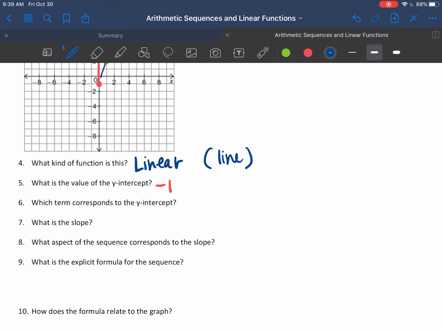And so I'm going to copy that sequence down over here. We had 2, 5, 8, 11. This was a sub 1. This was a sub 2. This was a sub 3. A sub 4.